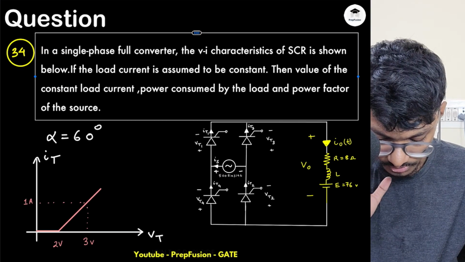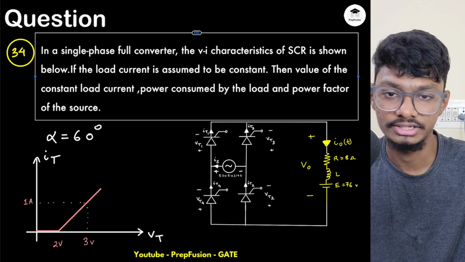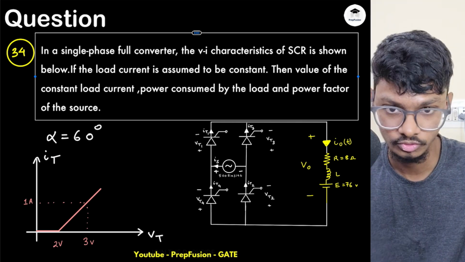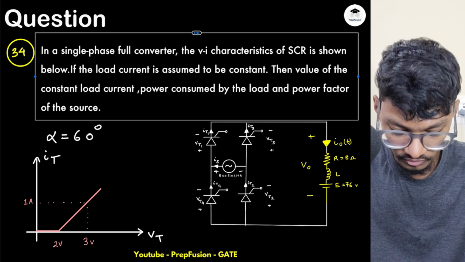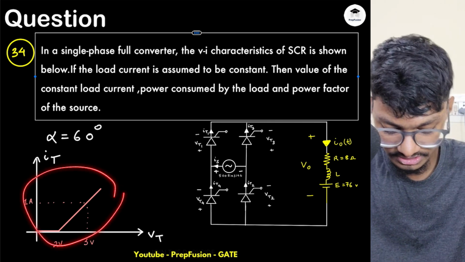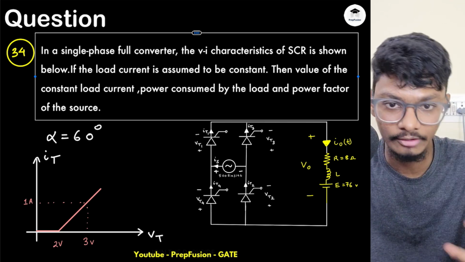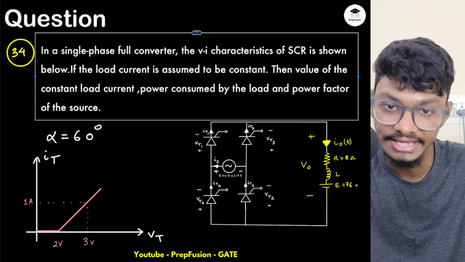First of all, we have to understand this. If you haven't studied switches, you have to go through and watch my first chapter. In the first chapter, we have explained how to identify this VI characteristics. If you have studied diode as well, you will be able to identify what this VI characteristics is.